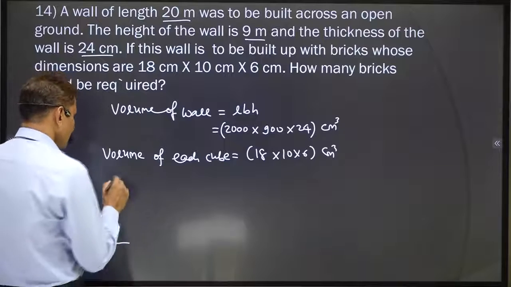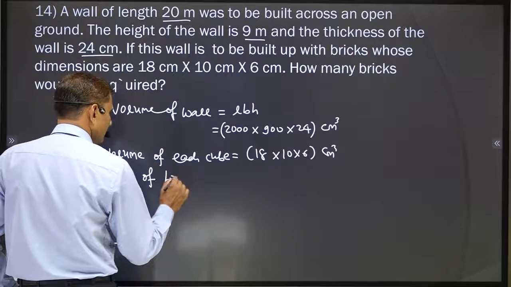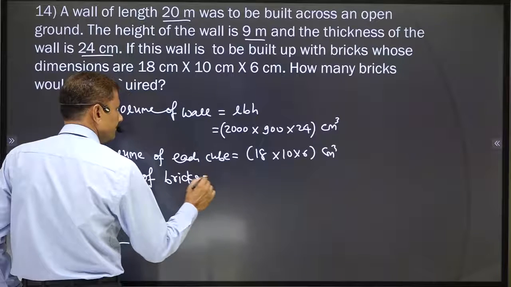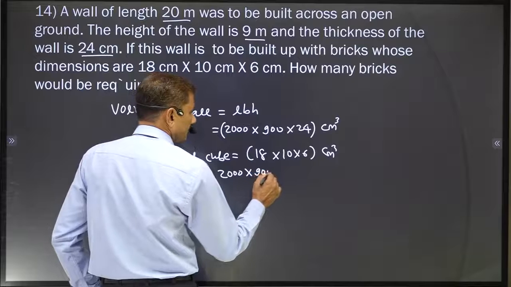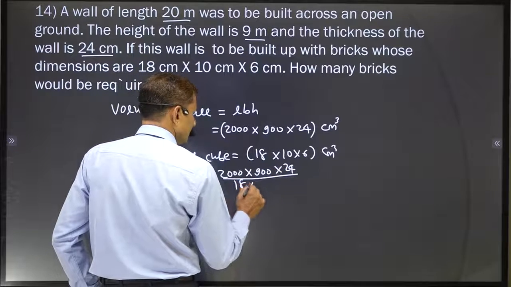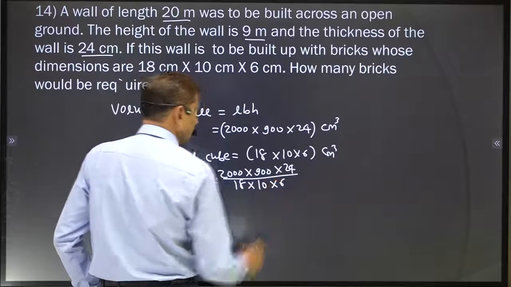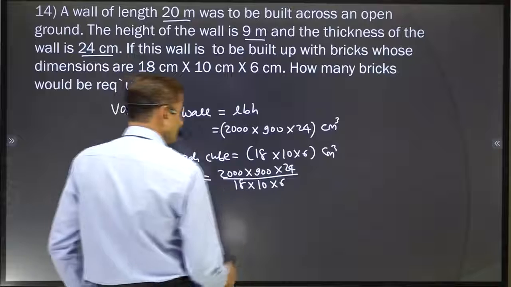So now we find the number of bricks. The number of bricks equals 2000 into 900 into 24 over 18 into 10 into 6. Now just simplify wherever possible.